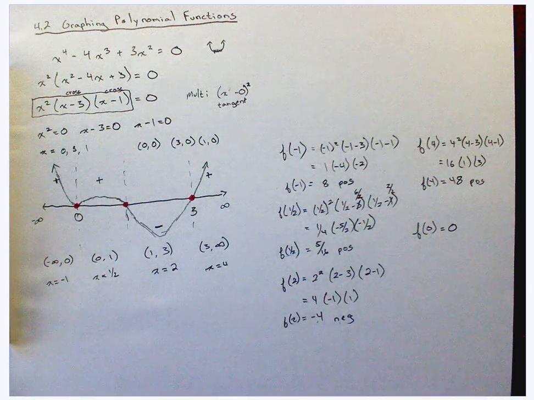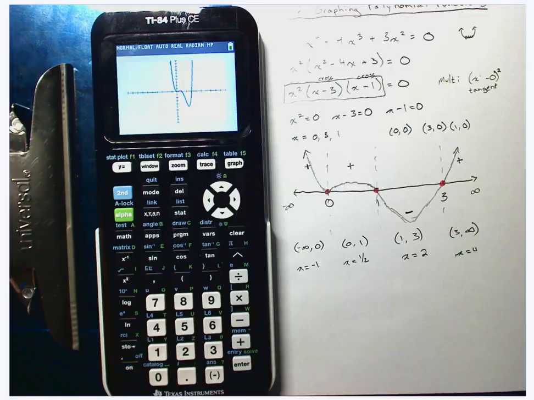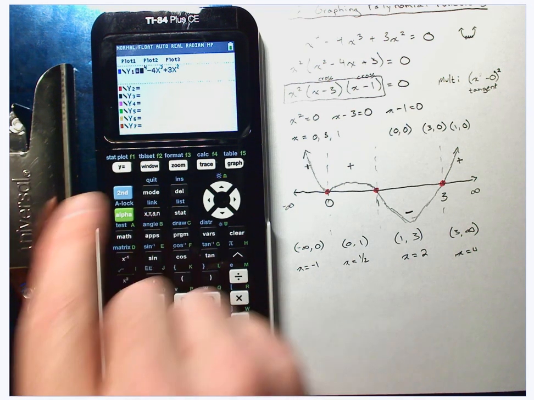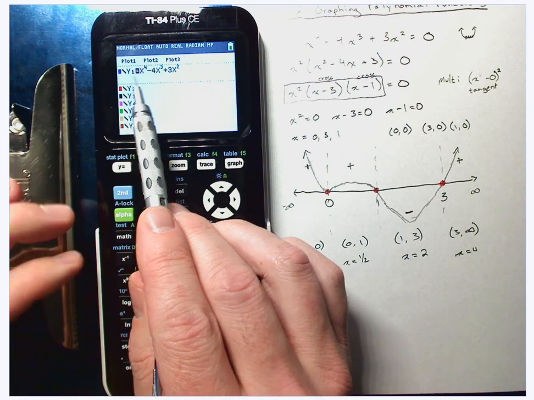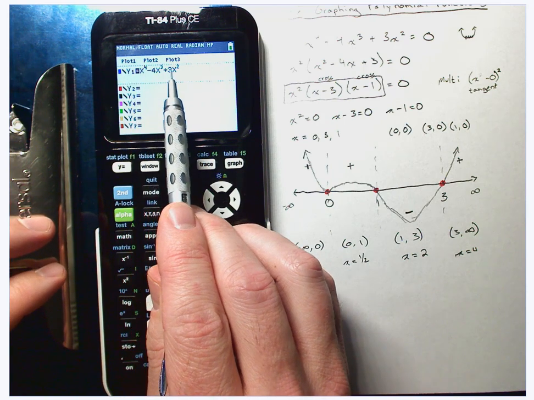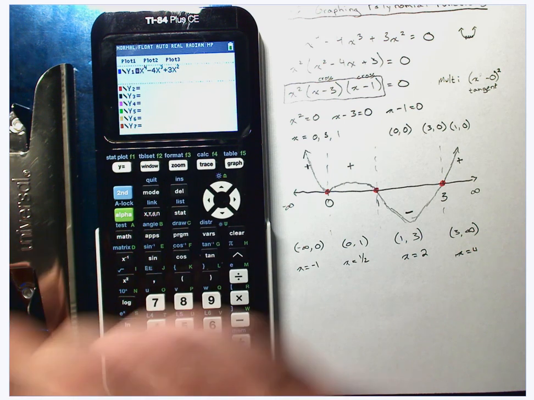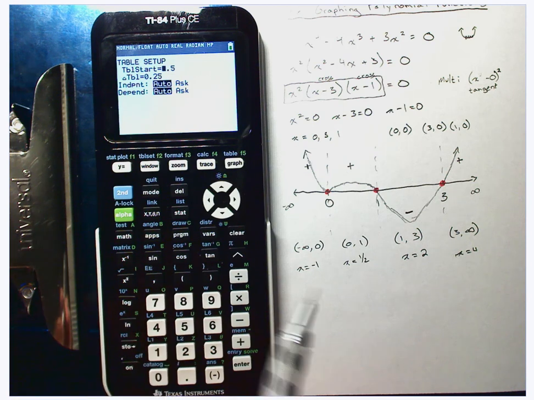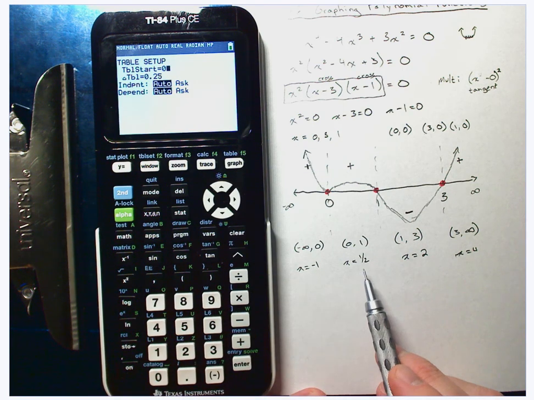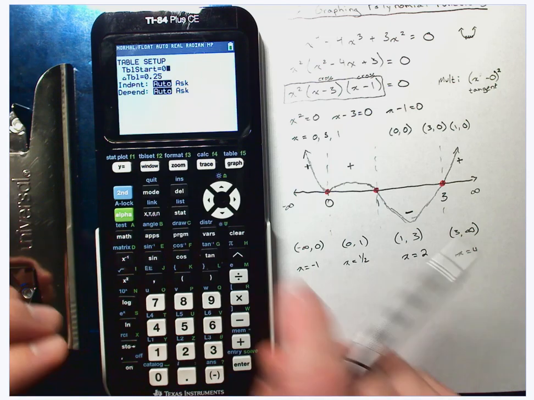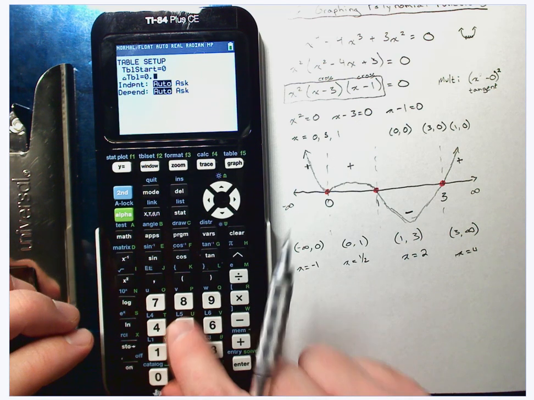So let me pull up my calculator. I'm going to pause the video and type all this stuff in. Okay, I've entered in the equation x to the 4th minus 4x cubed plus 3x squared. Okay, and I can go to my table also and set up, so let's say I want to start at 0, and my step value is 0.5, so I could change that to 0.5.